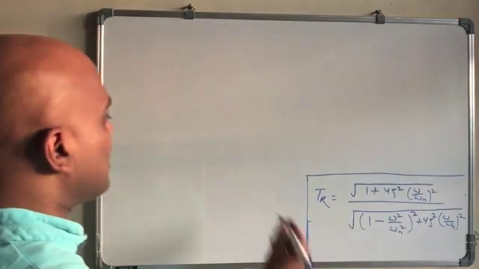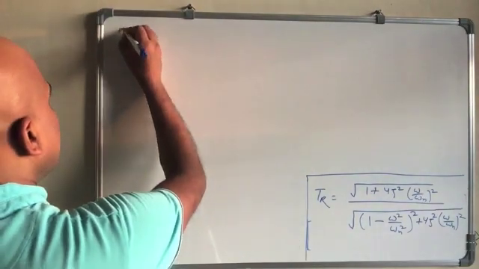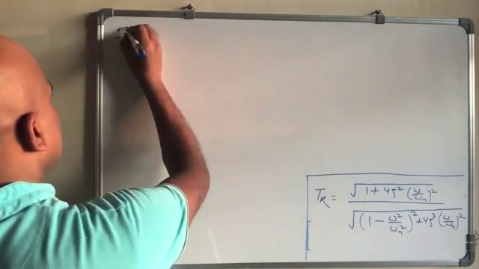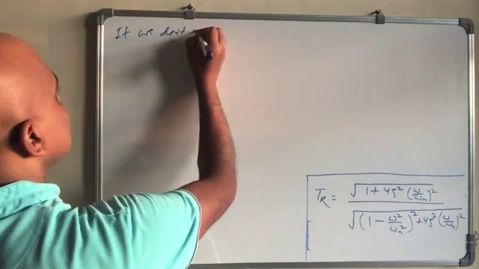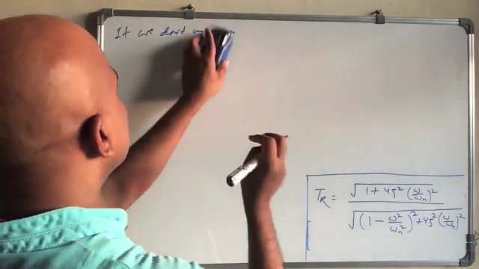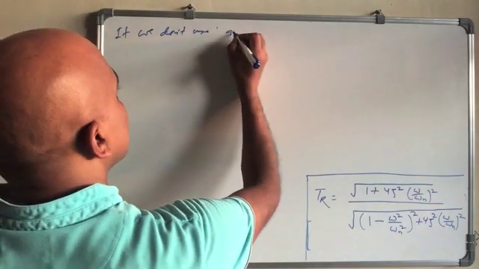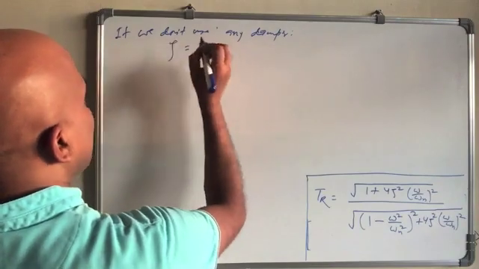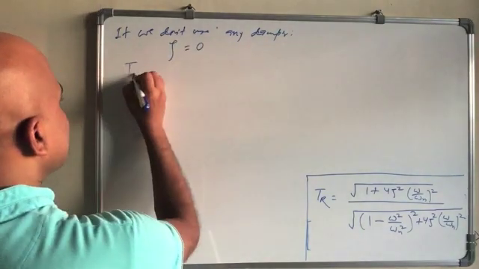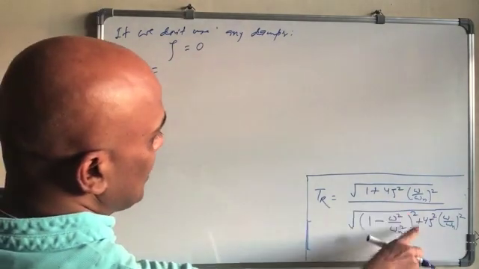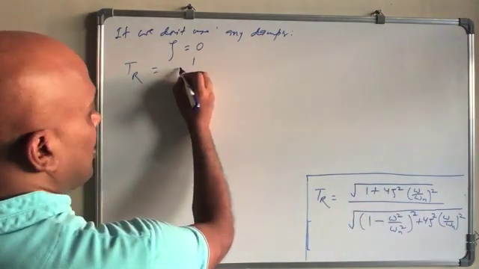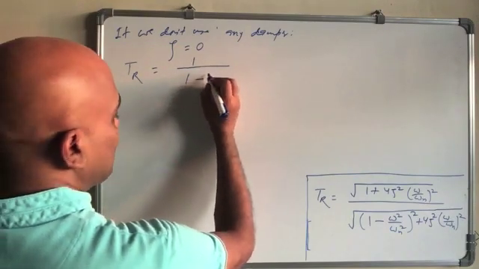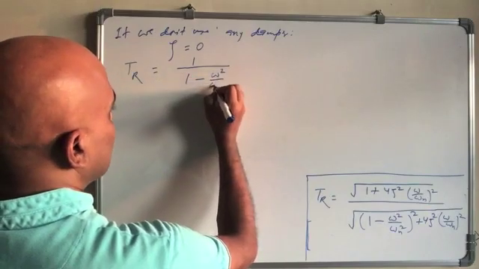Okay, and if undamped condition, so if we don't use any damper, in that case zeta will be equal to 0, and Tr will be, you can make zeta equal to 0, and you get 1 over 1 minus omega square over omega n square.